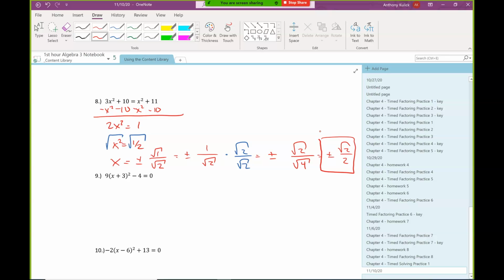If we wanted to do 9, again, we noticed I just have one kind of x in the problem. So I'm going to start by trying to get that x by itself. So we'll add 4 to both sides to start. And then we'll divide both sides by 9.